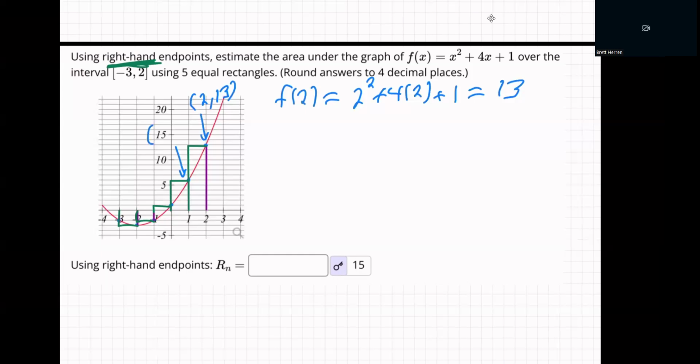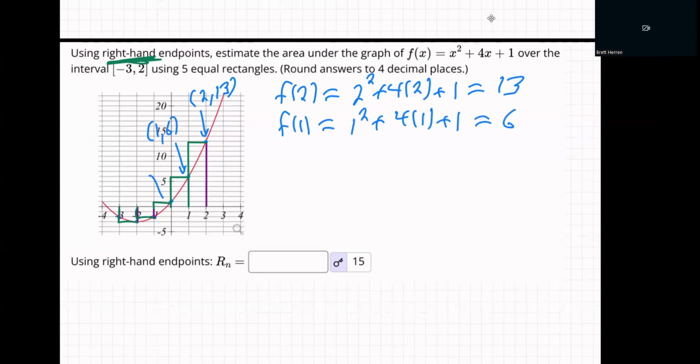And then we need that point. That's over 1. 1 squared plus 4 times 1 plus 1. And that's 6. It's over 1, up 6. And we need the coordinates of that point, that's over 0.